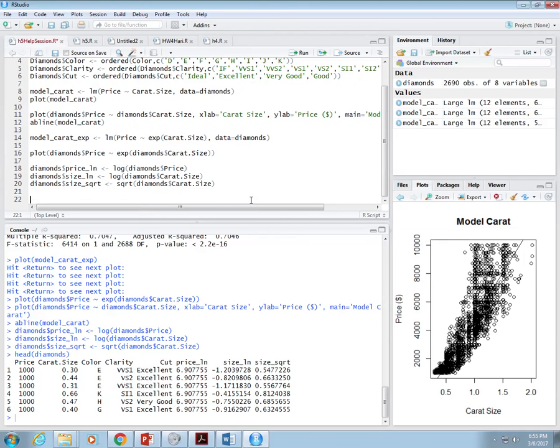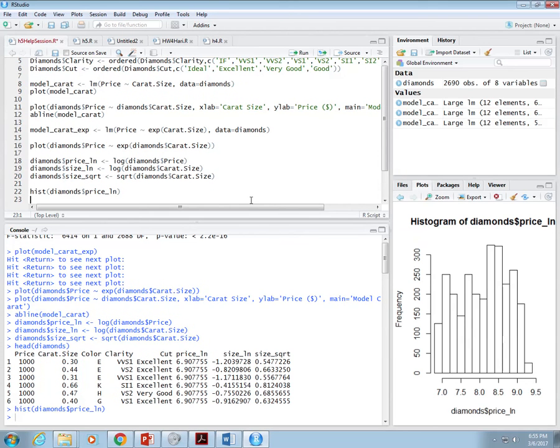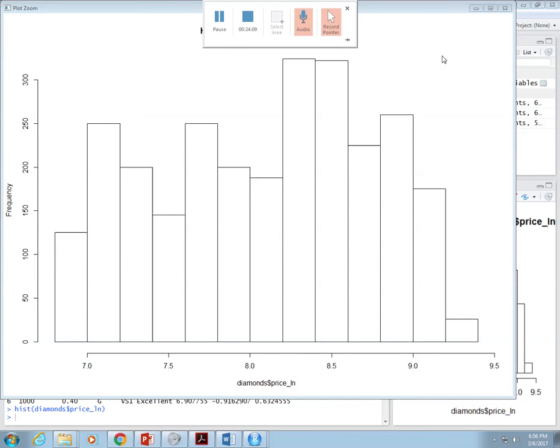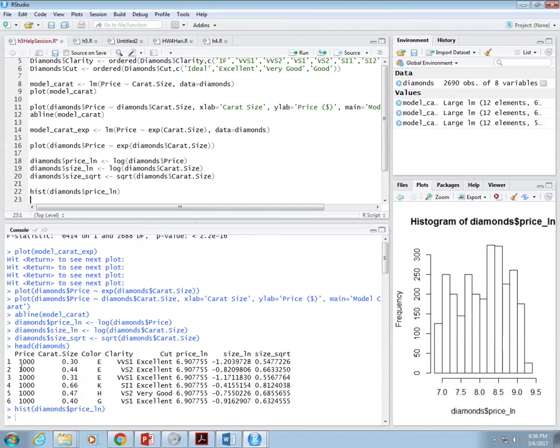So if I want to do a histogram of price log, you can see they definitely have some different ones here. So it's not the same as one thing? So yeah, it is still related to price, but it just so happened the first 6 diamonds I have here have the same price of 1,000. They're probably sorted by price if I had to guess.